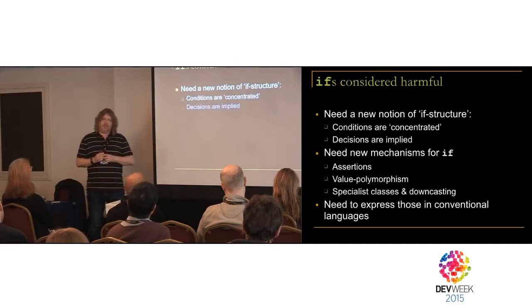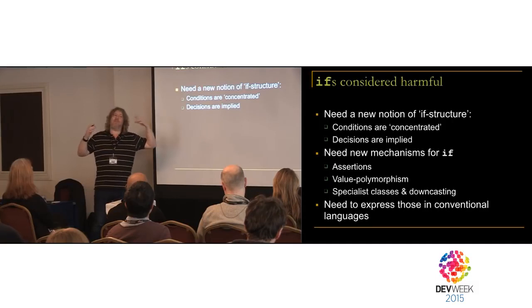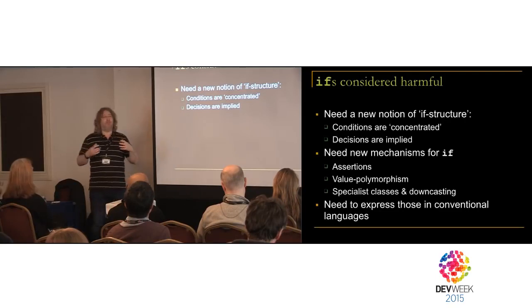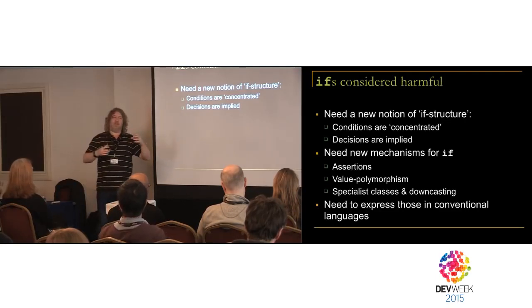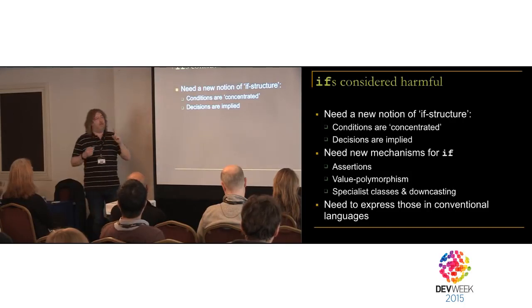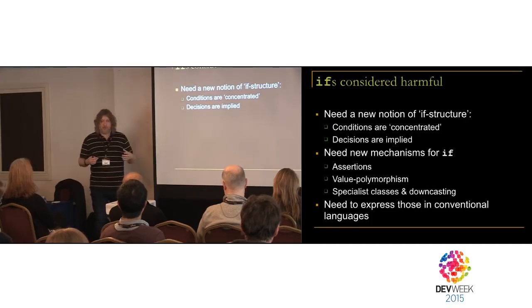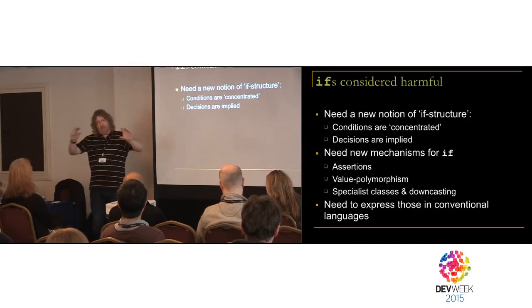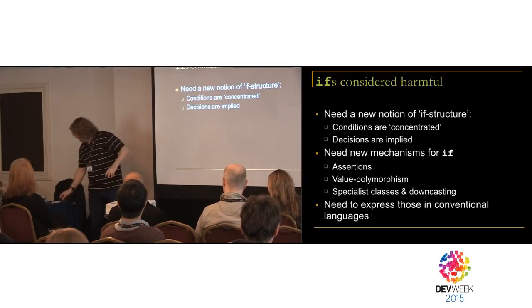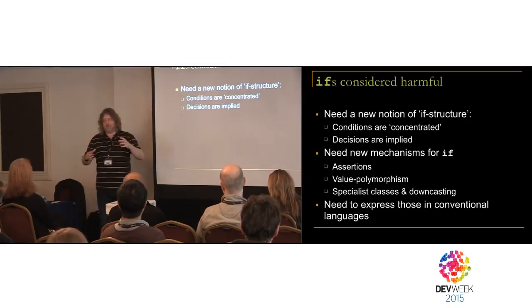This is what we need to do. We need to concentrate our conditions. We saw that the problem came about because we had two conditions testing fundamentally the same states in two different places. I'm going to talk a bit more about exactly the nature of that problem, but if we can take that understanding of states, if we can take that decision in just one location and then find the consequences of that separated. Let me find another way of expressing this.